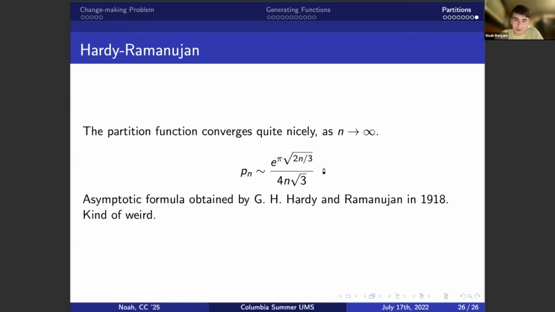This comes from a more complicated expression that could be simplified. What I want to stress here is that this partition function, which came out of a very direct combinatorial problem, converges towards an expression with values that we usually associate with analysis, with circles or exponential functions.